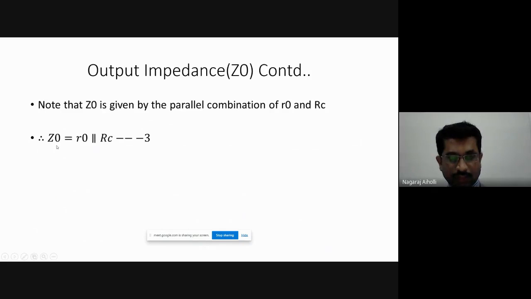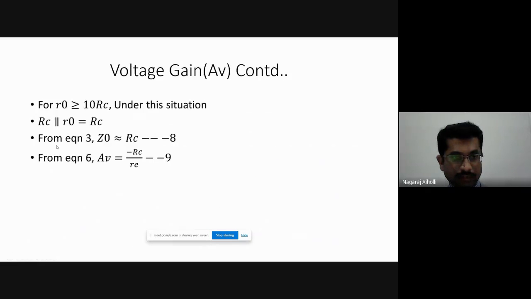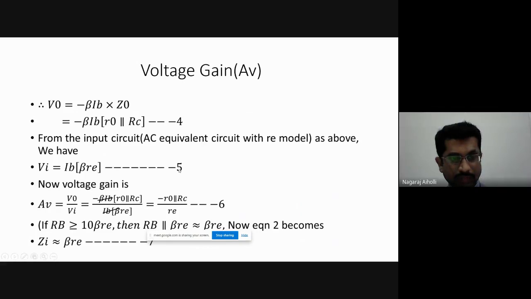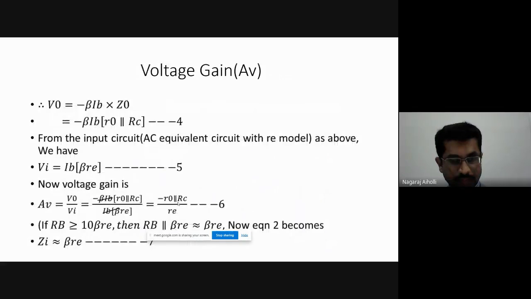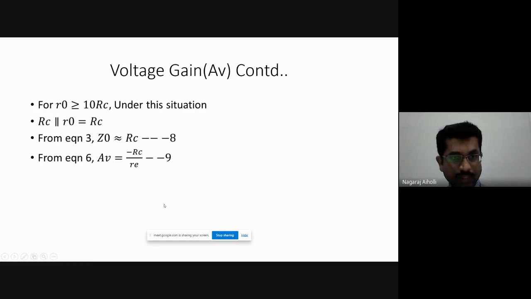Zo will be capital RC. Similarly, the gain equation Av will be minus ro parallel RC by re, and ro parallel RC is RC only. Therefore, Av will be minus capital RC by small re.